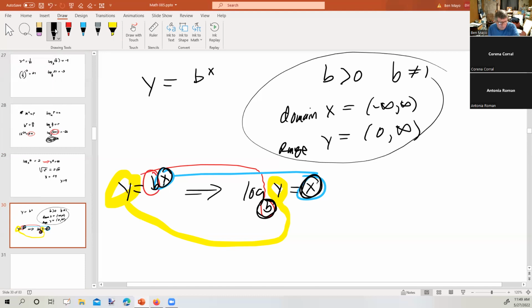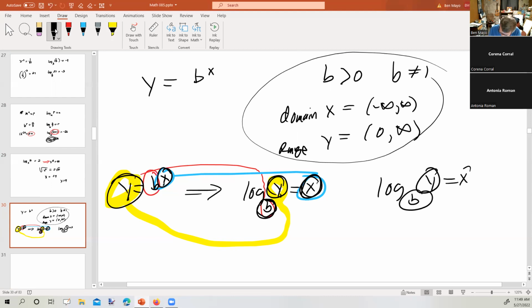So a log can have a positive answer, a log can have a negative answer. But this has to be greater than 0, which means the thing we take the log of has to be greater than 0. Okay, so if I have log base b of y equals x, b has to be greater than 0 and not equal to 1. Y has to be greater than 0, but x can be any real number.